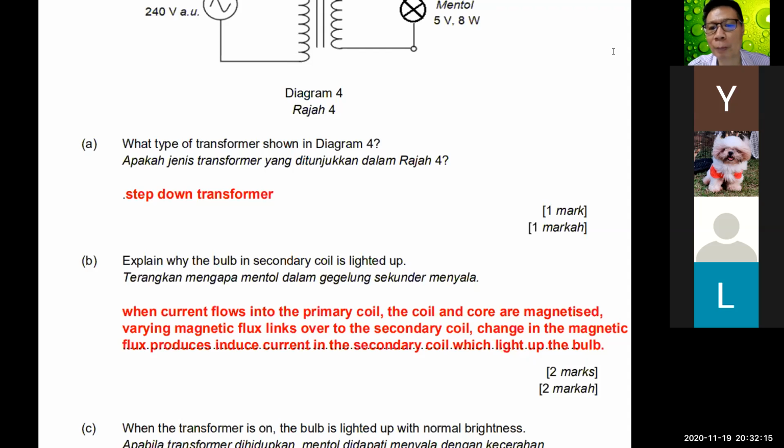The beginning part you never mentioned. The beginning part you have to mention: when current flows into the primary coil, the coil and the core are magnetized.